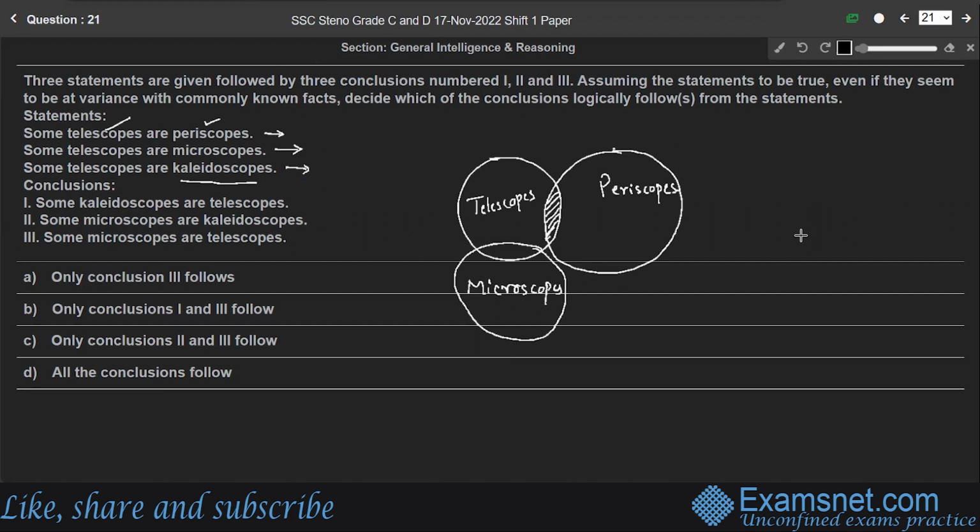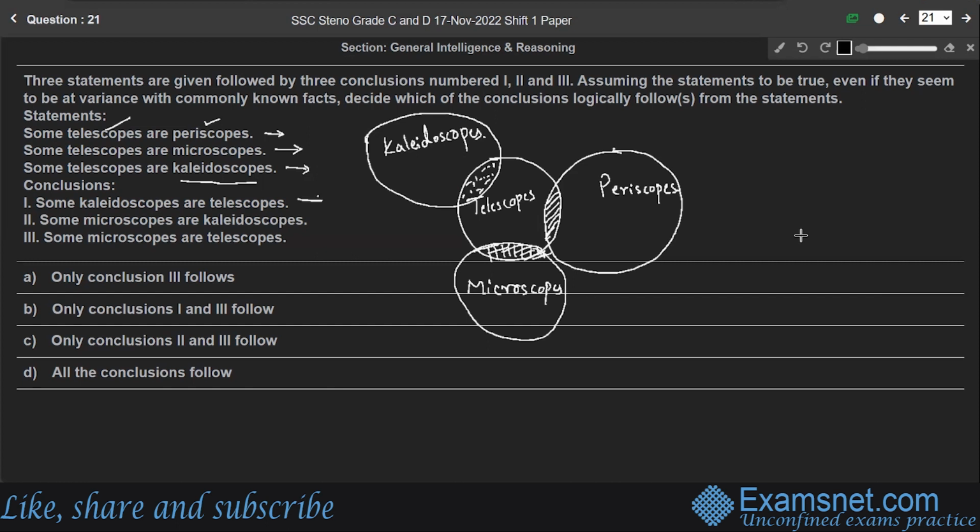So some portion of telescopes, let me take this portion. This shaded portion I'm showing now indicates the third statement, whereas the second statement is this one. Some telescopes are microscopes. So here we'll consider set of kaleidoscopes. So these shaded portions indicate three statements given, right?